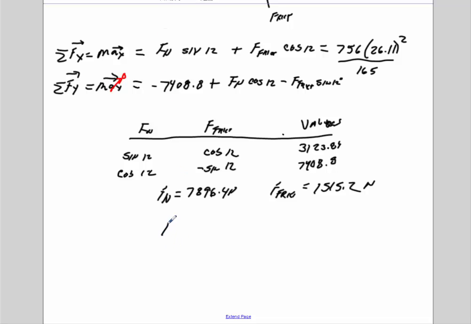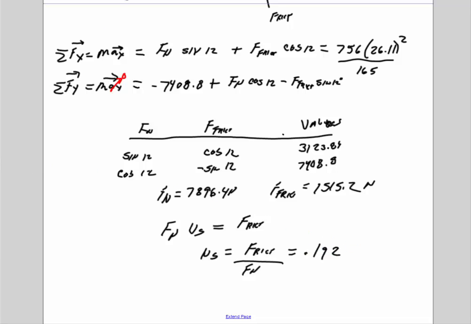We know that normal times mu s is equal to friction. So we know that mu s is equal to friction divided by my normal. So I'll just do that right here. I take 1515.2 and divide it by my 7896.4 value. That gives me a frictional coefficient of about 0.192.